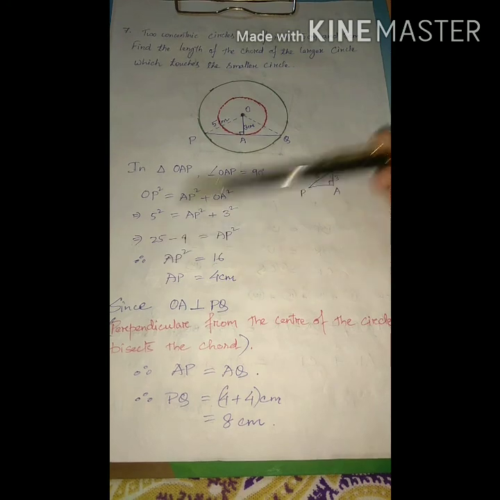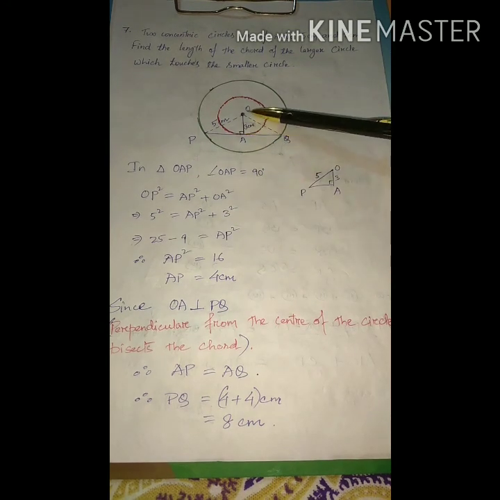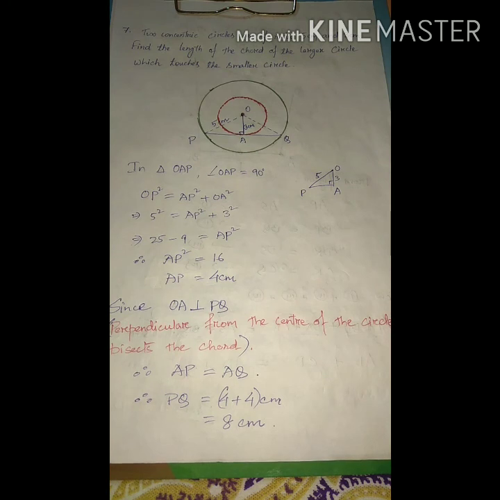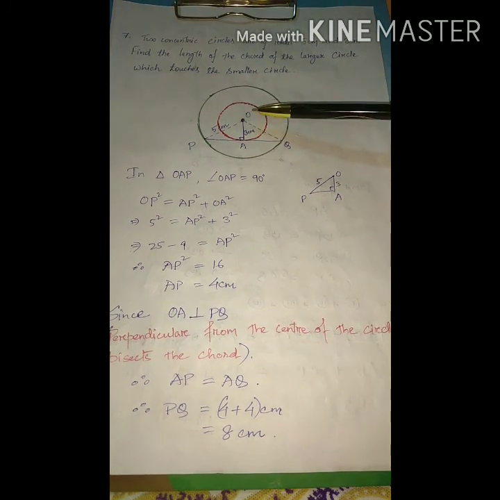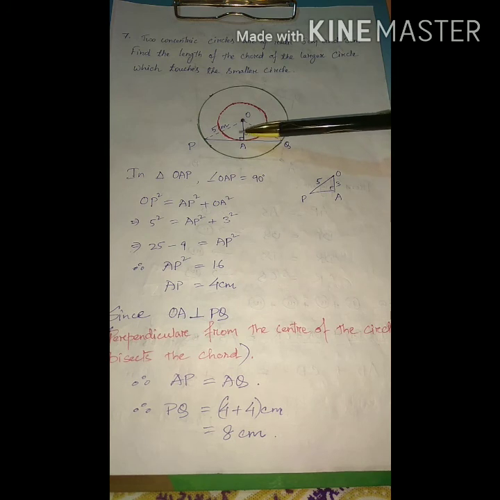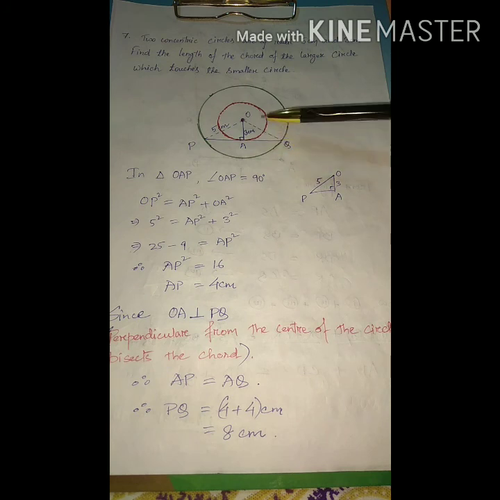After that, since OA is perpendicular to PQ, this angle is 90 degrees, we know. One more thing we know: a perpendicular from the center of the circle to the chord bisects the chord.